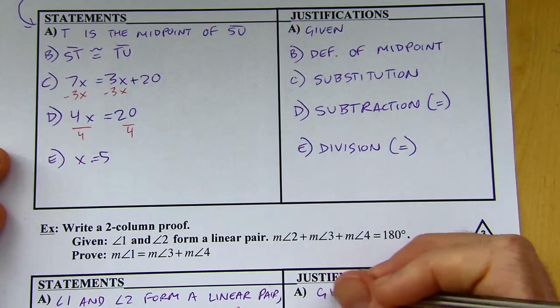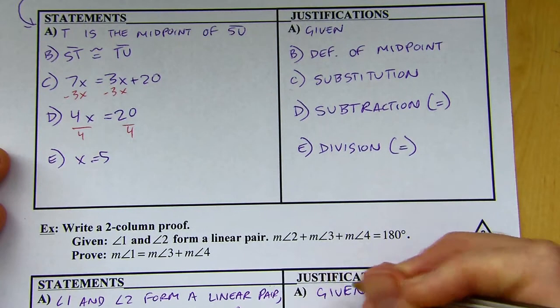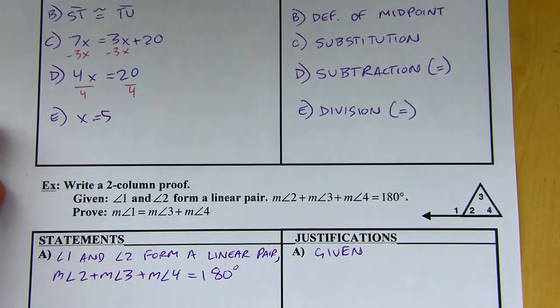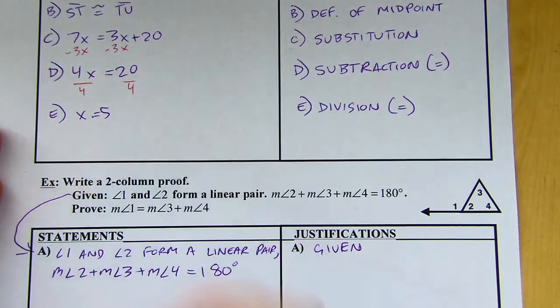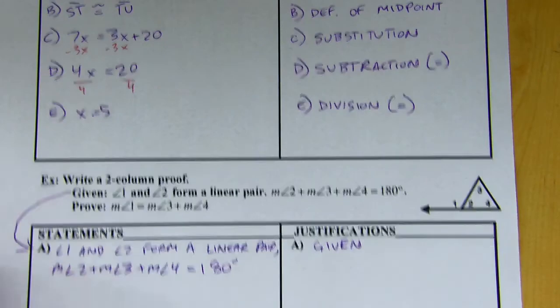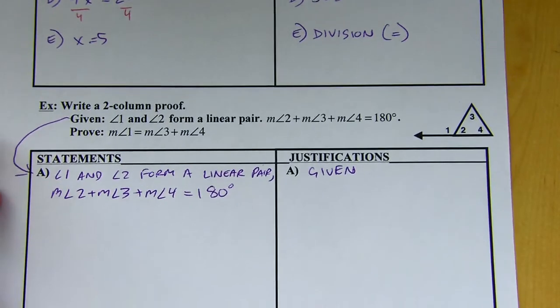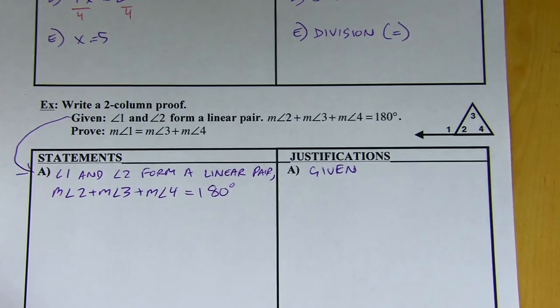That's all my given info. Oh no, it's off screen there a little, sorry about that. But so far all I've done is copy that given info in there and write given.